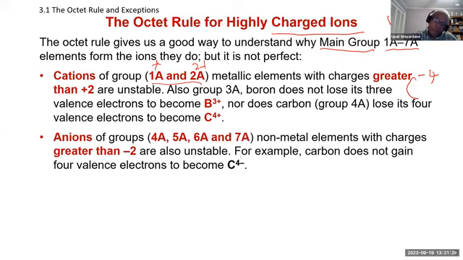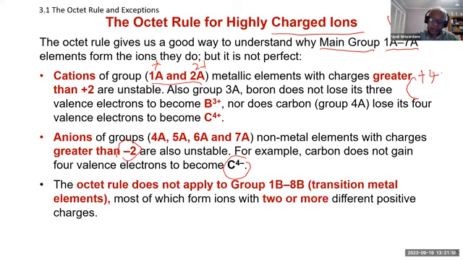Anions also, like I talked about, it's easy to gain 1 or 2 electrons, but gaining more than 2 electrons, like carbon 4-, or losing electrons, like carbon 4+, is difficult.